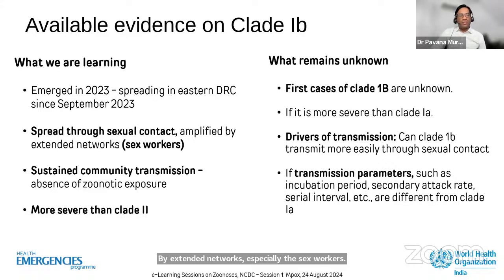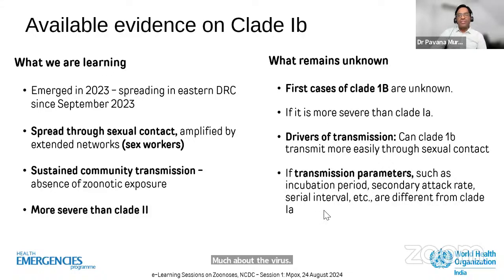And what we also know is that there is sustained community transmission, which is going on for now more than 10 months, and it is person-to-person transmission. And we also see the picture more severe than the clade 2, which affected the countries across the world. But there are a lot of things that we don't know about this virus. So we are still trying to understand much about the virus.